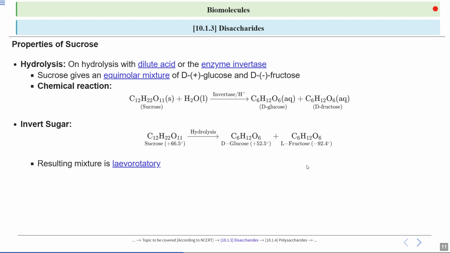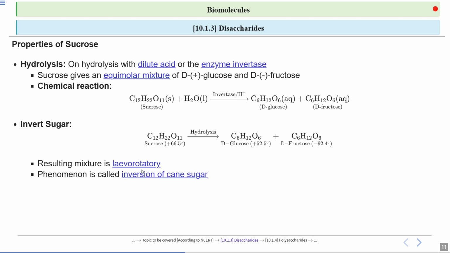Look at the negative rotation of fructose, minus 92.4, and for glucose it is 52.5. This is a great example of how combining substances can change the physical properties of a solution. You need to remember that the resulting mixture is levorotatory.